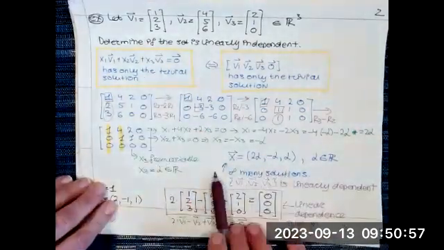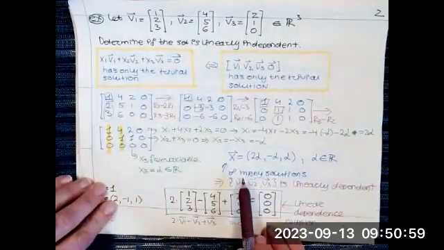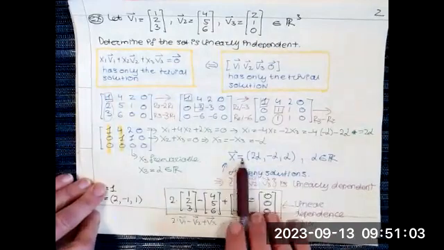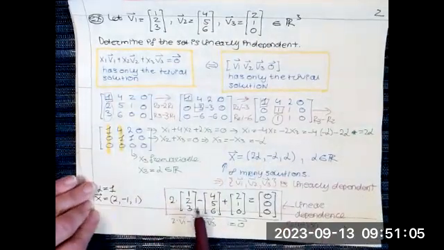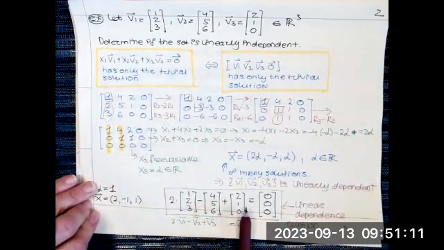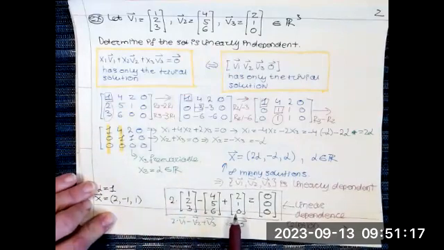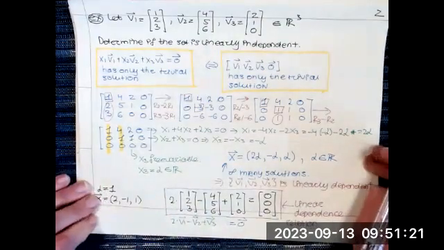But if I have some free variables, meaning I have infinitely many solutions, then you can pick some value alpha to write down this linear combination of my vectors that adds up to 0, and those constants are not all 0. Well, in this case, they're all not 0, but they don't have to all be not 0. Just some of them have to be not 0. That makes sense?